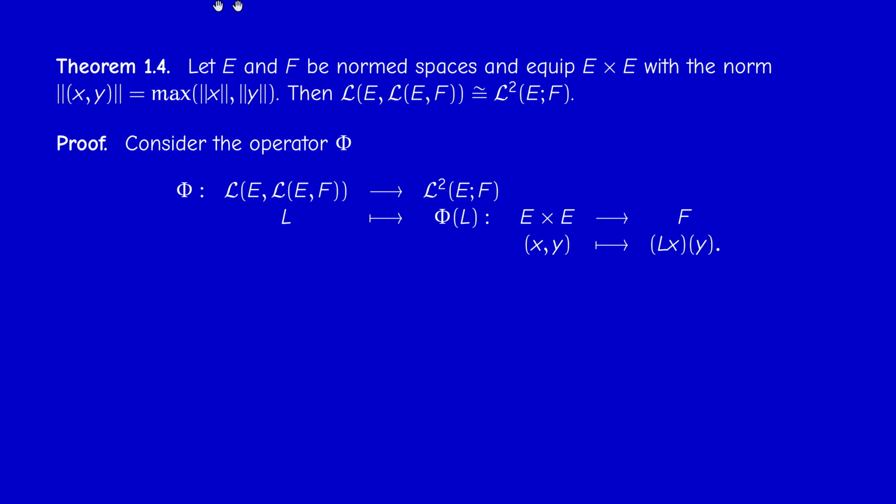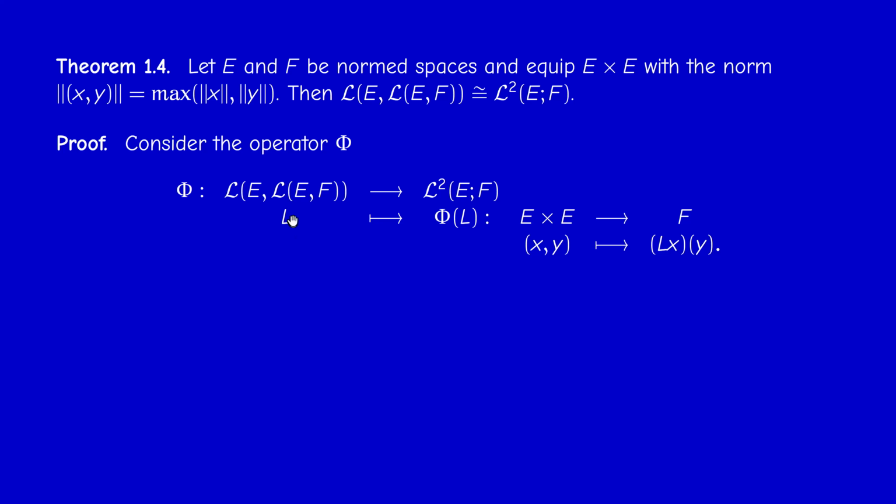Then actually this space of linear bounded maps from E that take value in the space of linear bounded maps from E to F is isometric to the space of bilinear bounded maps from E times E into F. So an isometry is given by this operator, capital phi, between these two spaces.